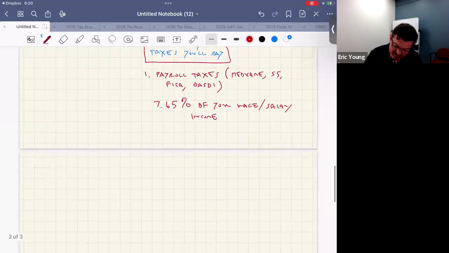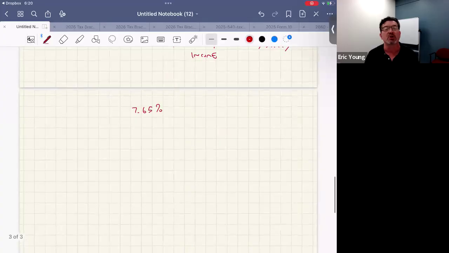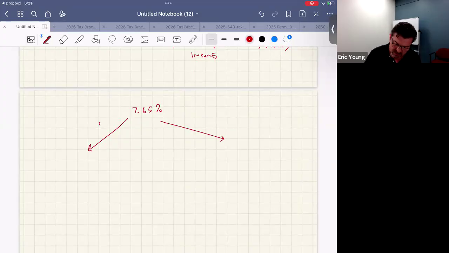Within that 7.65%, that's further broken up into two categories. So payroll taxes, FICA taxes, have two subcomponents. Subcomponent number one is the Social Security part of it, and subcomponent number two is the Medicare component.